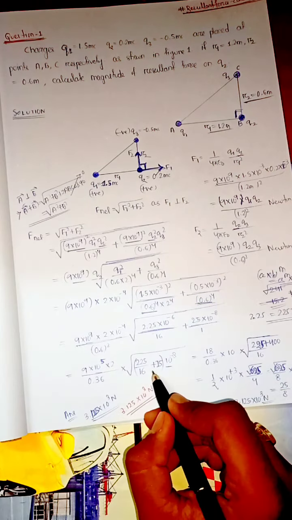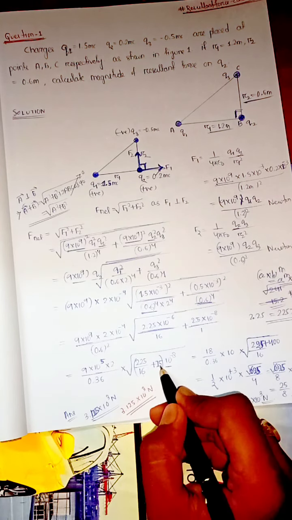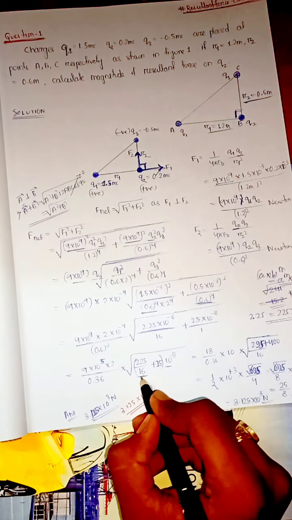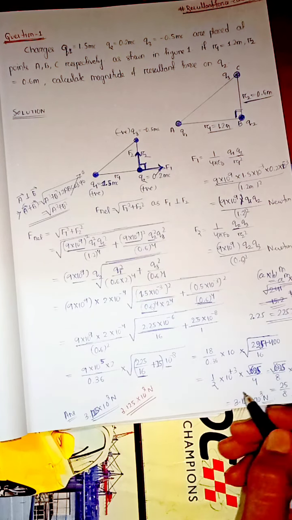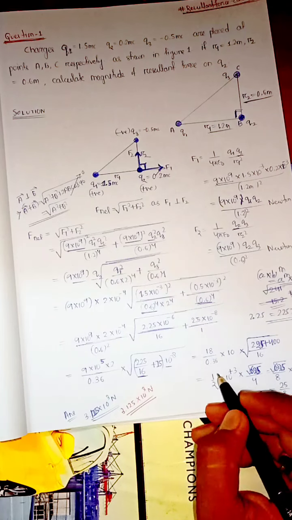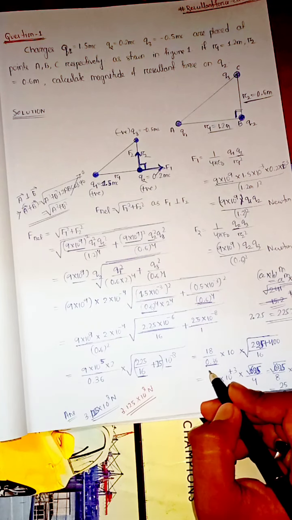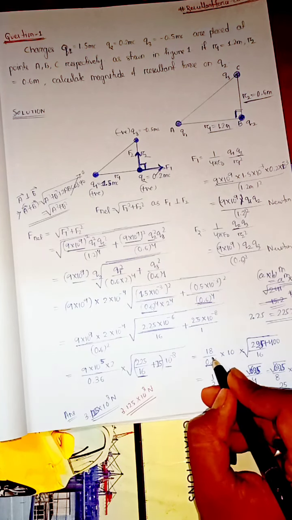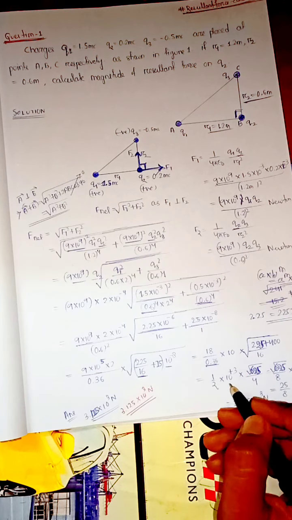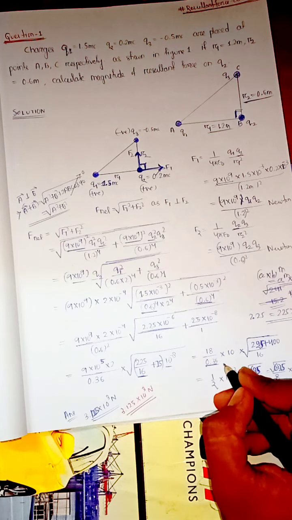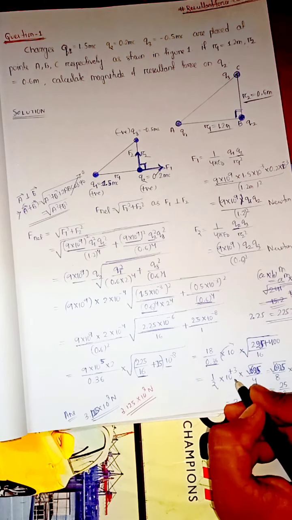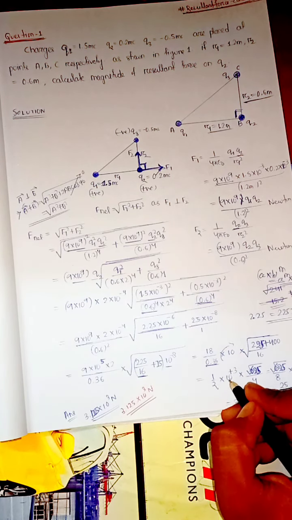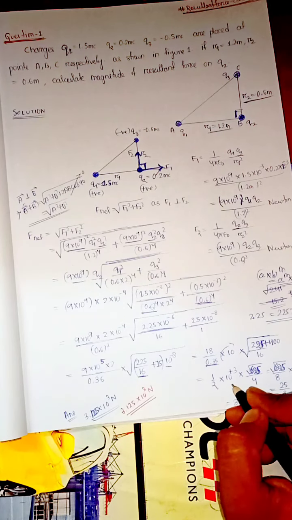So 225 plus 400 by 16, and 0.36 can be written as 36 into 10 power minus 2. So 18 by 36 becomes 1 by 2, and 10 to the minus 2 in the denominator goes to this side and becomes 10 power plus 2. So 10 into 10 power plus 2 is 10 power plus 3.